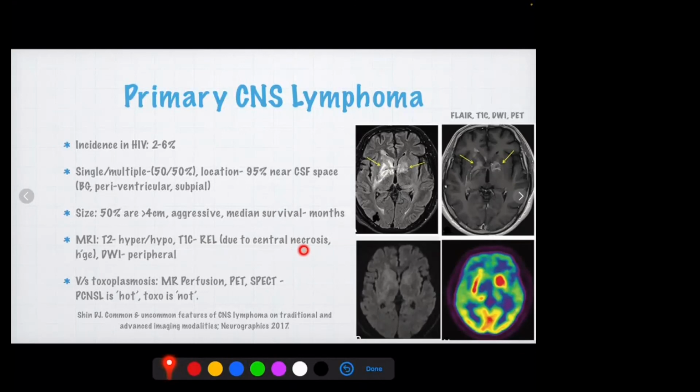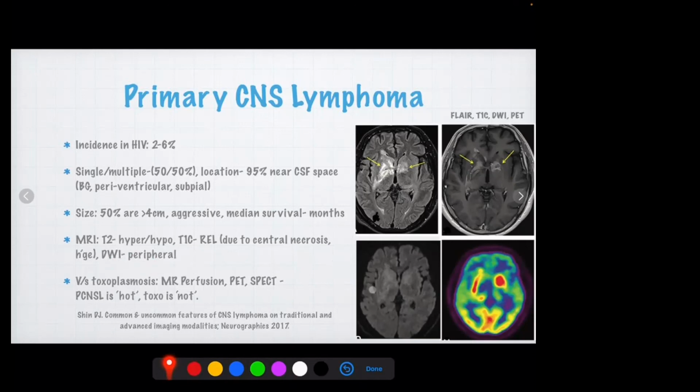While in compromised patients, they mostly progress with central necrosis, and only peripheral malignant cells are seen. And for the same reason, the diffusion restriction also is just peripheral, and the center is clear.